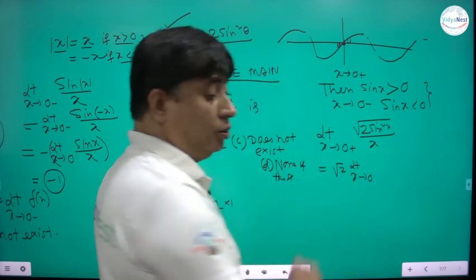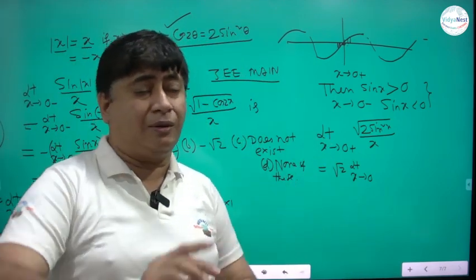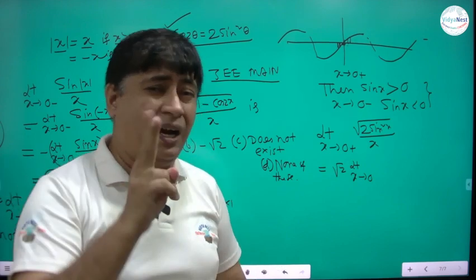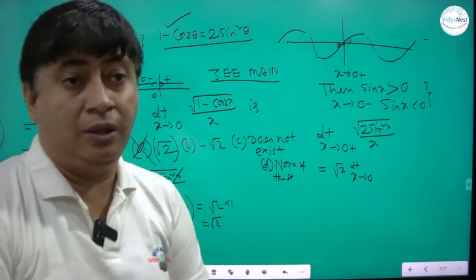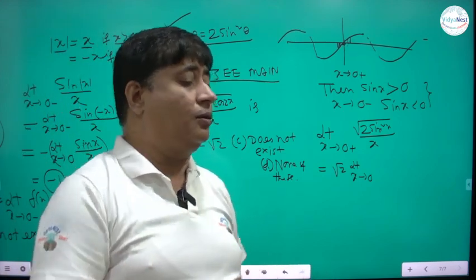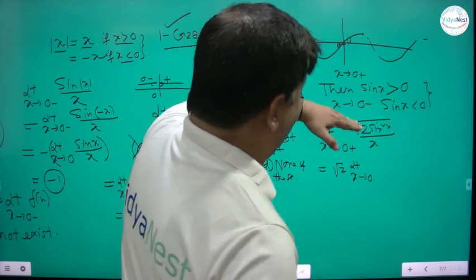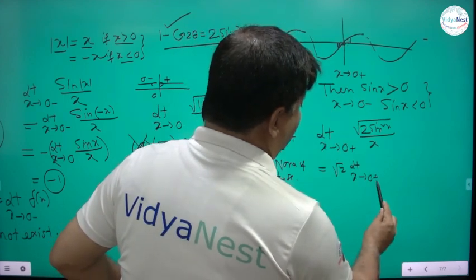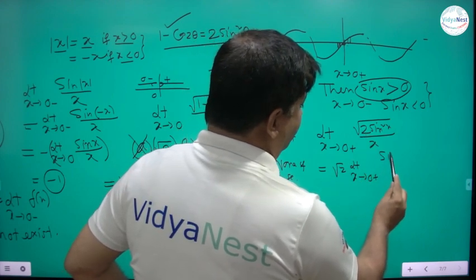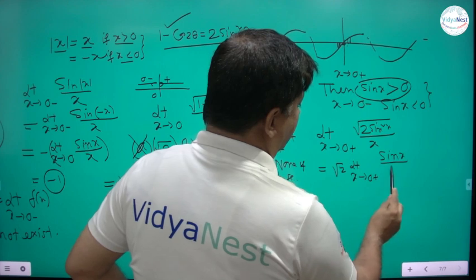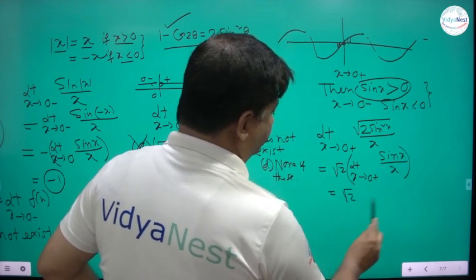Now root of sin square x. Once you get a square root, two values can occur. Suppose square root of 4 is plus 2 and minus 2. Yes or no? So I have seen that when x tends to 0 plus, sin x is positive. So I will take the positive value. That gives you root 2.